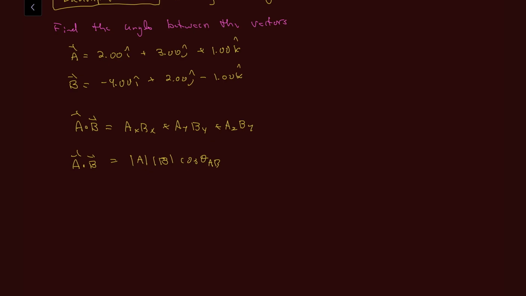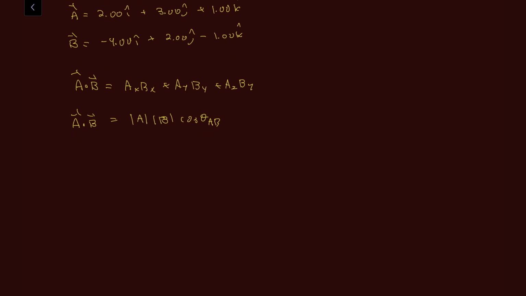Cool. We can pretty much set these equal to one another, which is the same as saying AX BX plus AY BY plus AZ BZ is equal to the magnitude of A times the magnitude of B cosine of the angle between them.